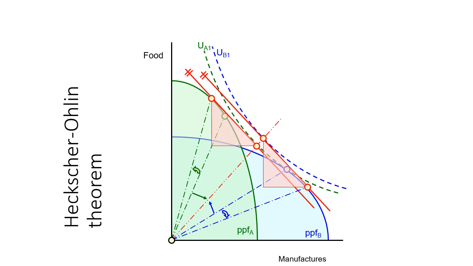And this doesn't occur by accident. This occurs because the relative prices have changed in such a way that it would handle the excess supply and demand of each country to equate them under free trade.